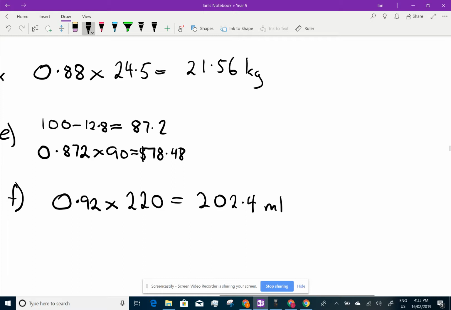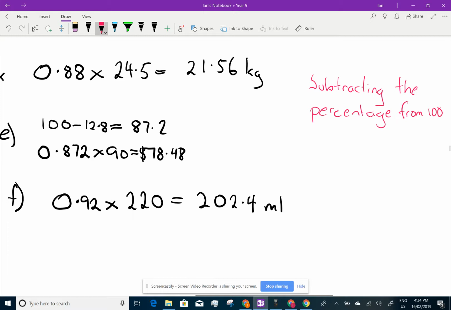What are you doing? Well, here we go. What are we doing? We are subtracting the percentage from 100, which is a lot harder than adding.